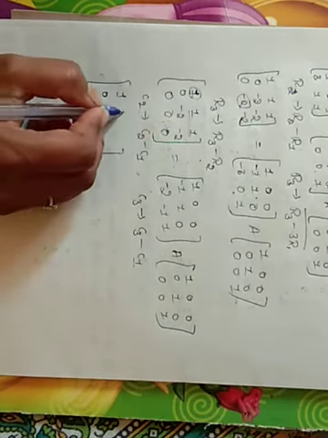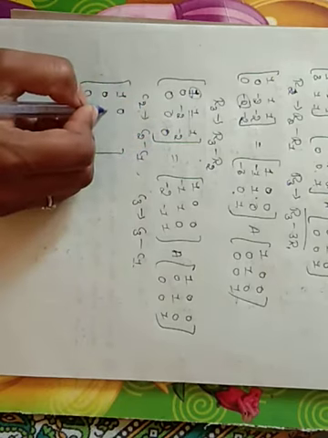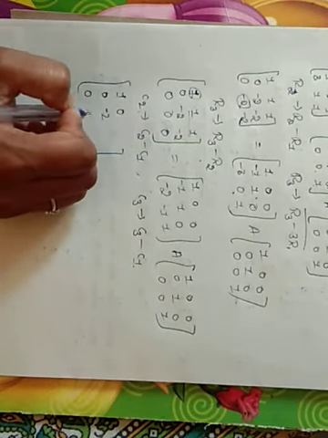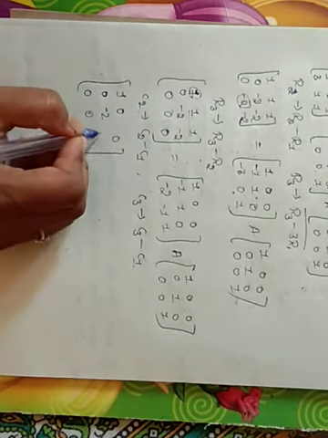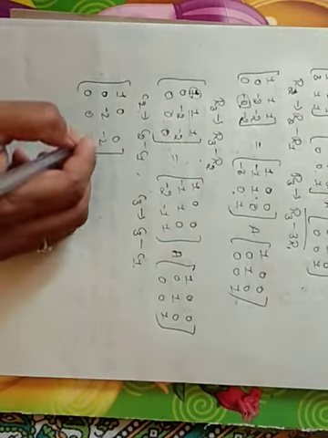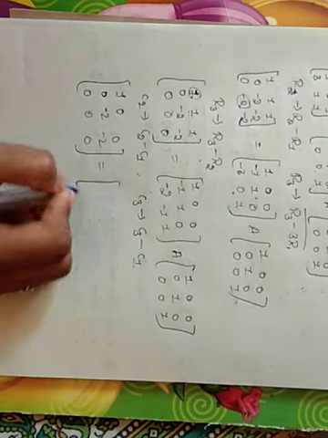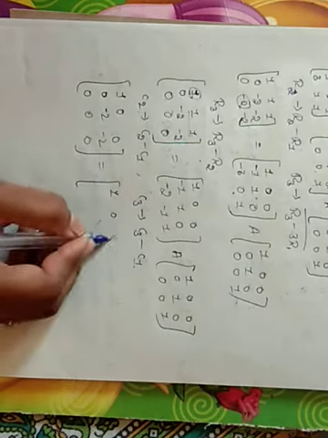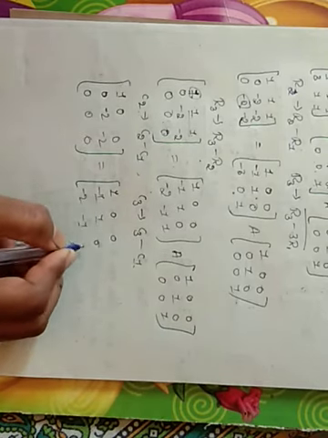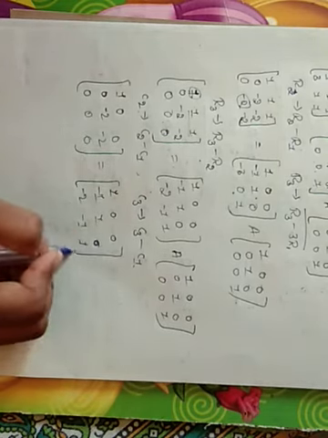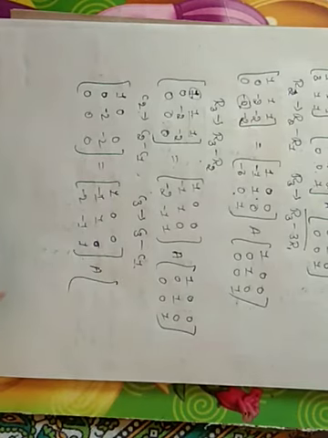1 minus 1, 0. Minus 2, 0. Minus 2, 0 minus 0, 0. So this term will be written as it is. No column transformation is applied here. And also keep A as it is.